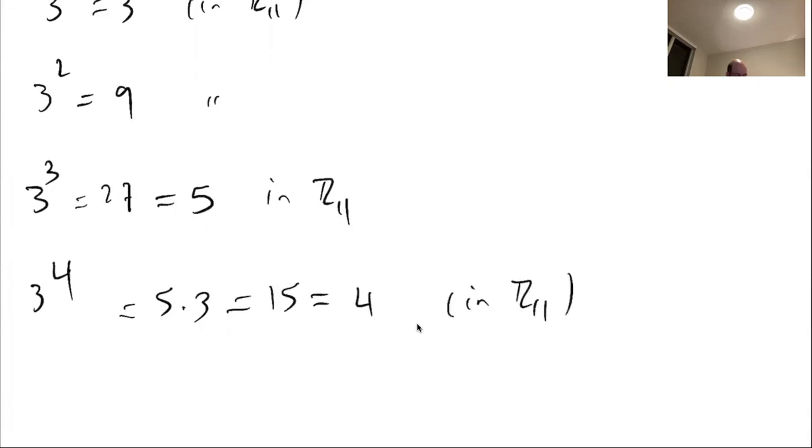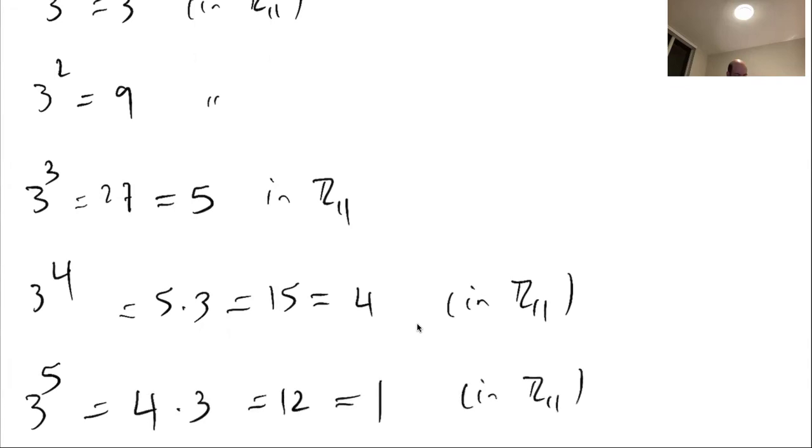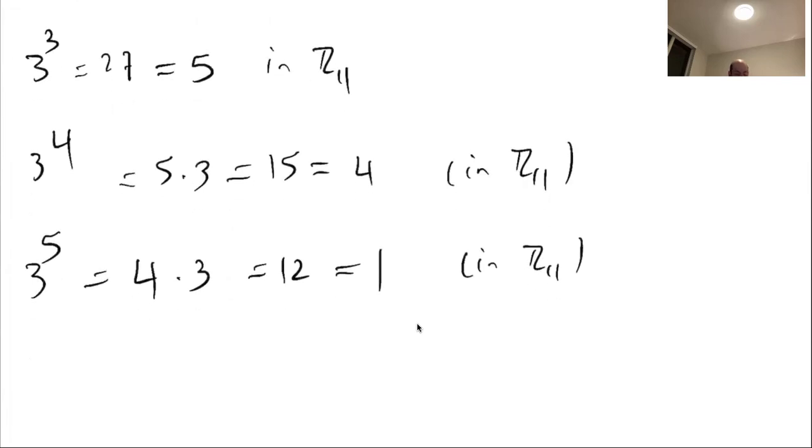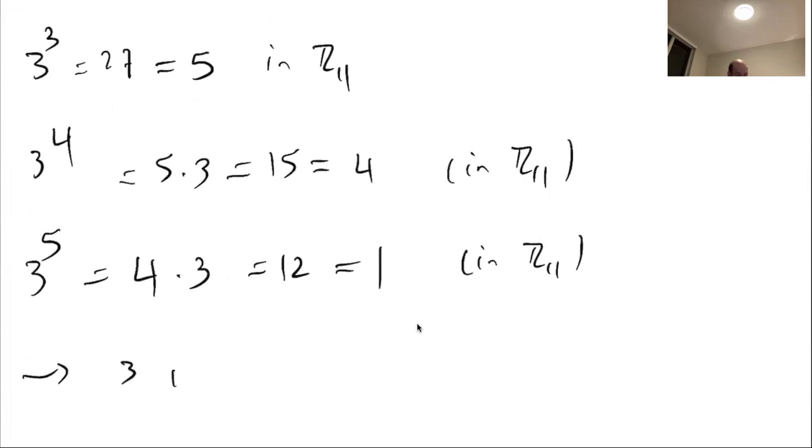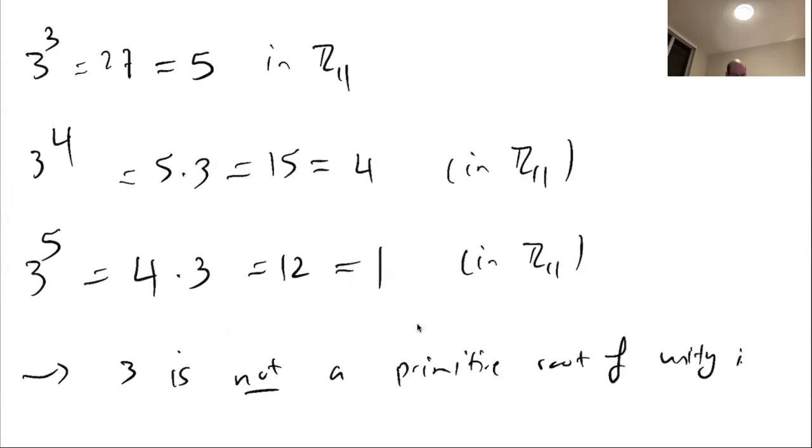In Z11, 3 to the power 5: 3 to the power 4 is 4, so 4 times 3, which is 12. 12 is the same as 1 in Z11. So 3 to the power 5 is 1. So that means 3 is not a primitive root of unity in Z11.